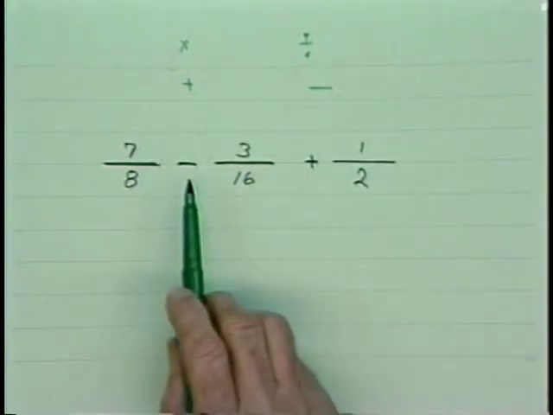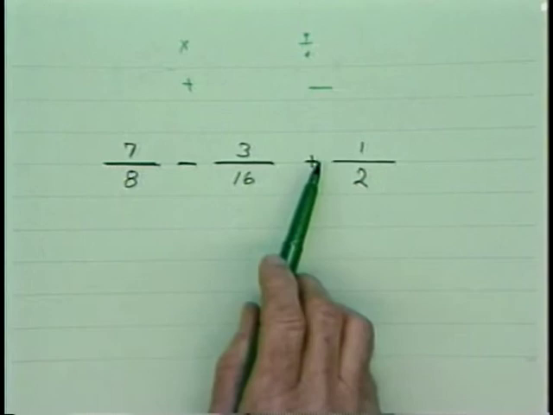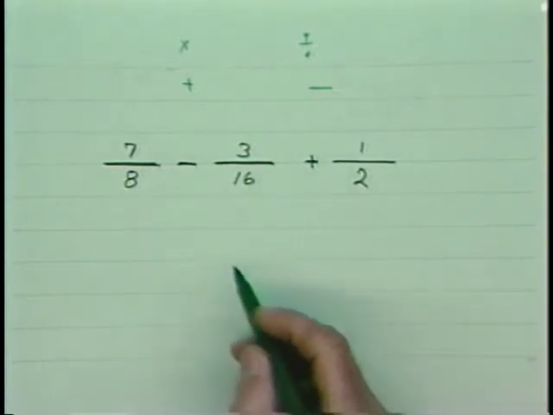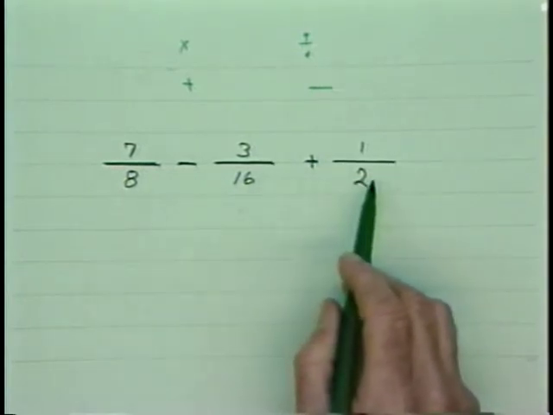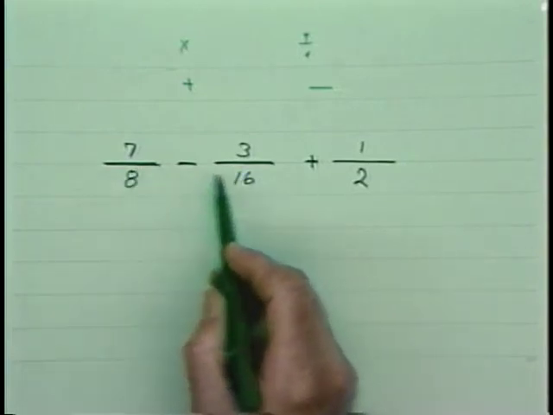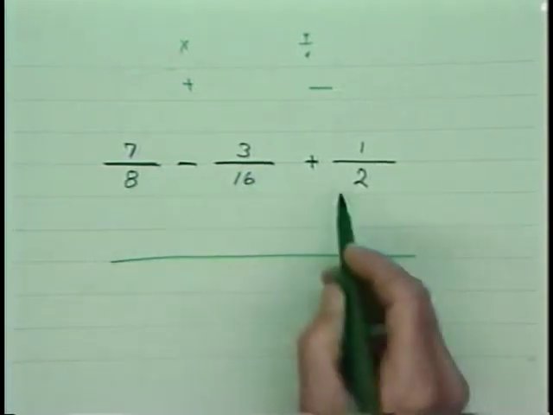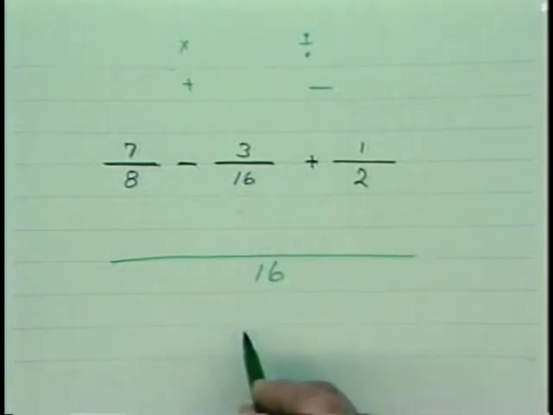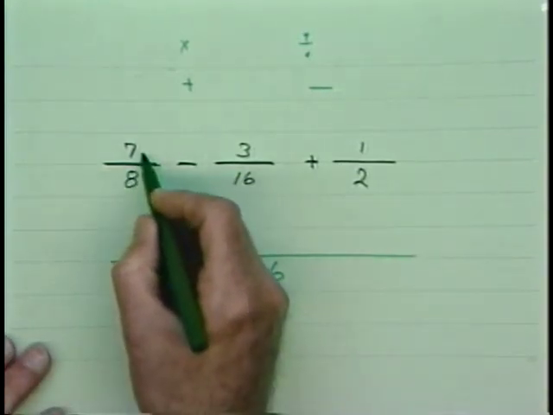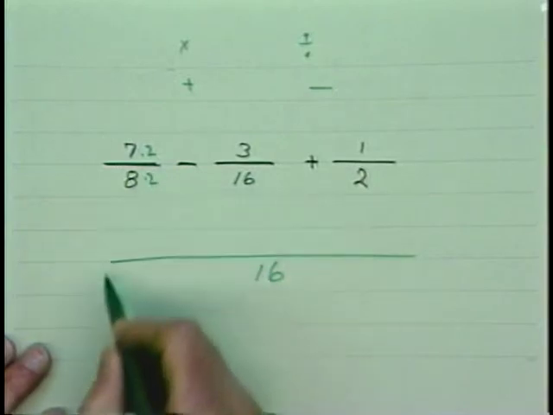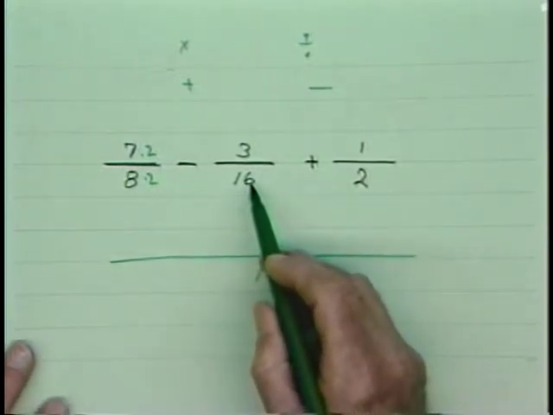However, if there is nothing but additions and subtractions, in a sense you can do them all at once after you, of course, get common denominators, which we can see is going to be 16. So we can build the 8s to be 16ths by a 2. This already is 16.